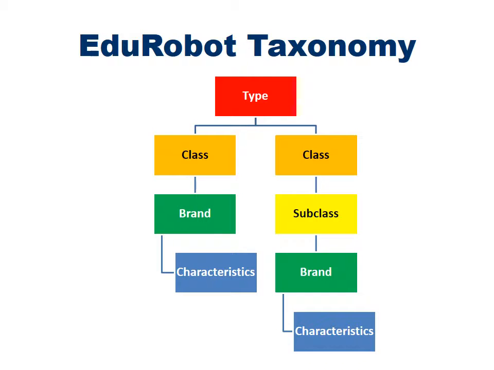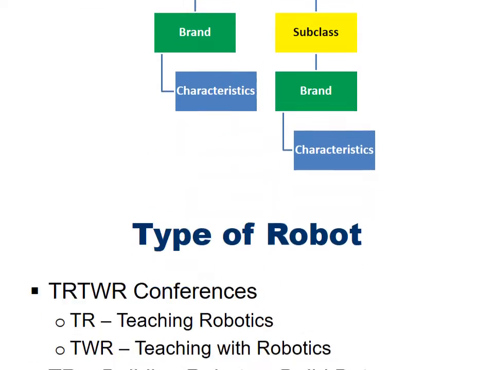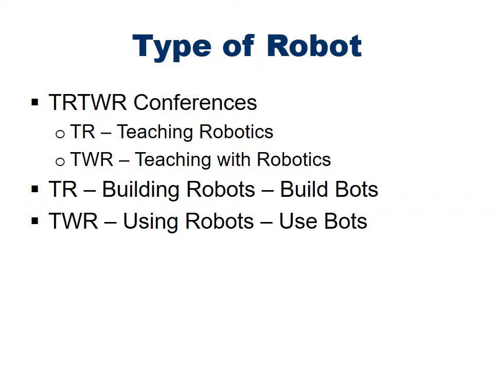Type, class, an option for subclass, brand, that is the name of the product, and then the characteristics of that product. What is a type? We take our inspiration from the TRTWR conferences, that is teaching robotics and teaching with robotics.